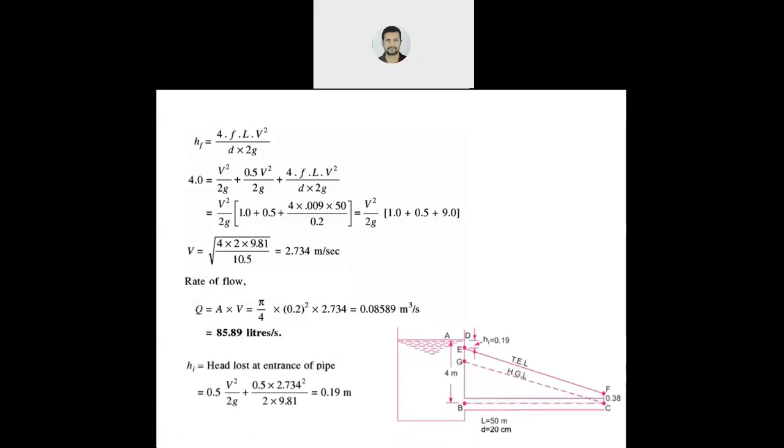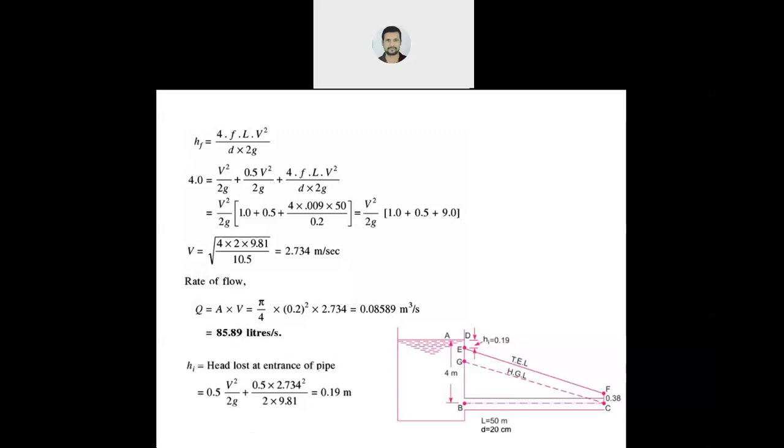Now, if it is asked in the question to draw the lines, what will you do? Find the value of hi, draw the HGL, draw the TEL, or you can do it in reverse order.